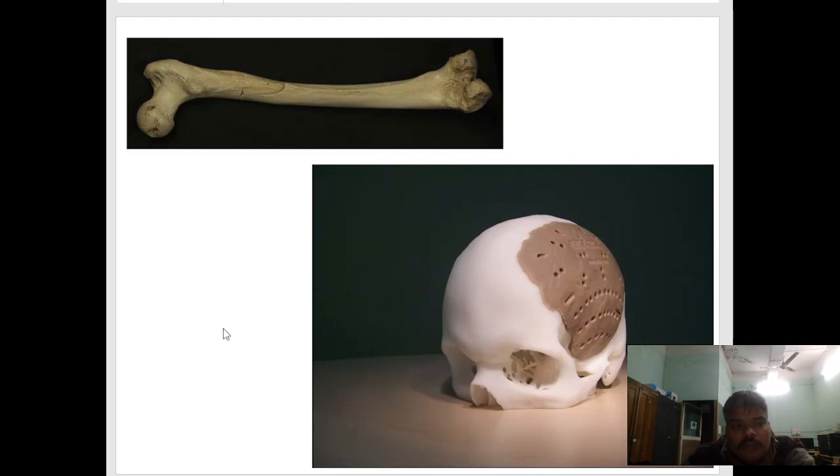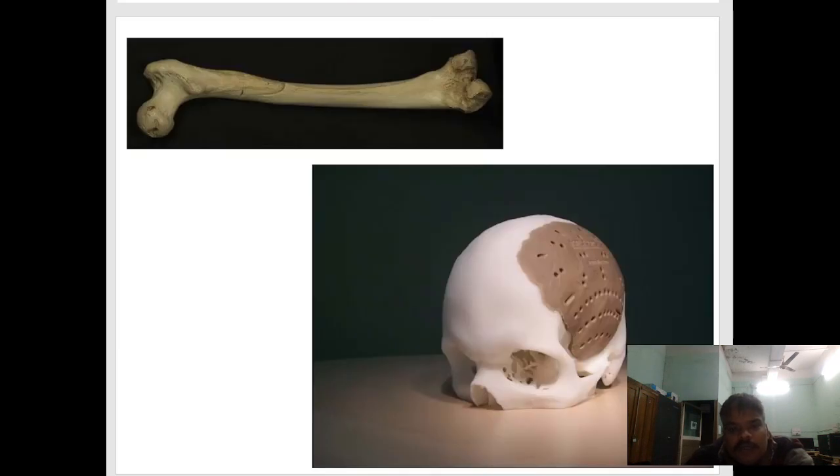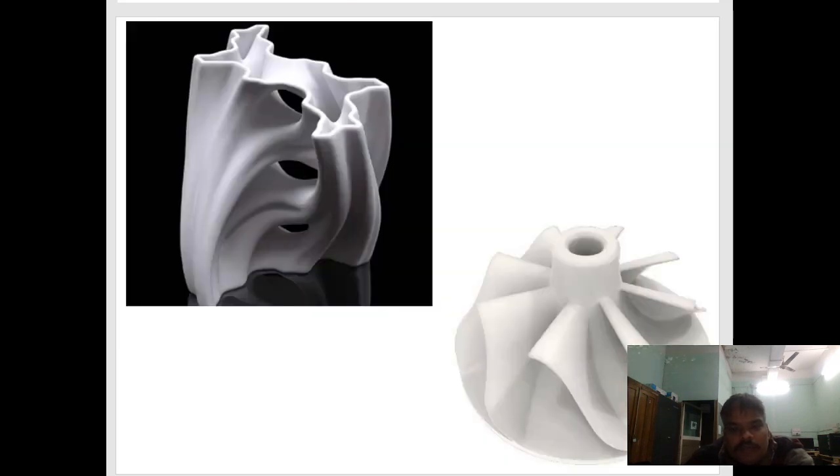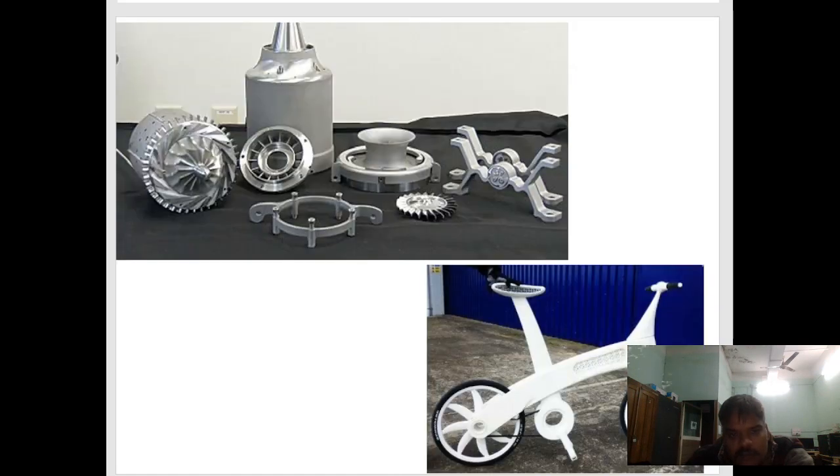Today I am going to cover the topic additive manufacturing. These are the parts which are made by using additive manufacturing. These are the turbine blades and very complex figures which are made by using additive manufacturing. This is the human finger, human legs which are made by using additive manufacturing.